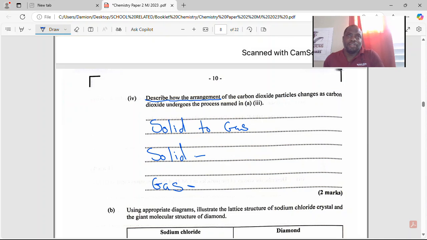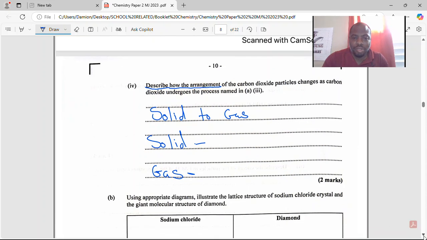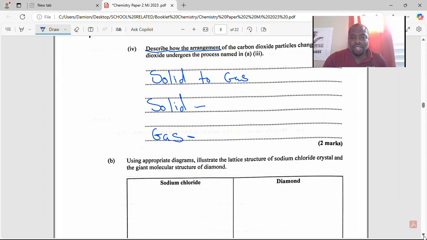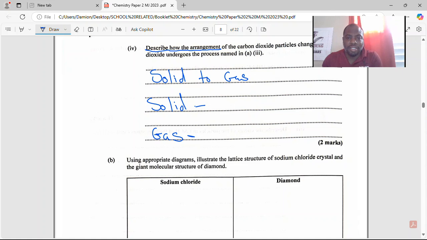Sir, they're widely spread, there are a lot of spaces between the particles. So they're not close together like that of a solid. And we would have earned our 2 marks. 1 mark to talk about how they are in the solid, 1 mark to talk about how they are in the gas.